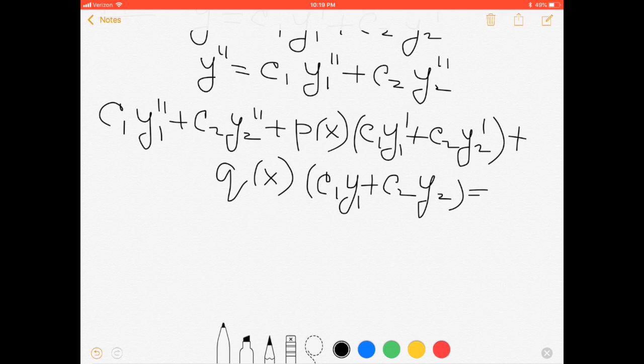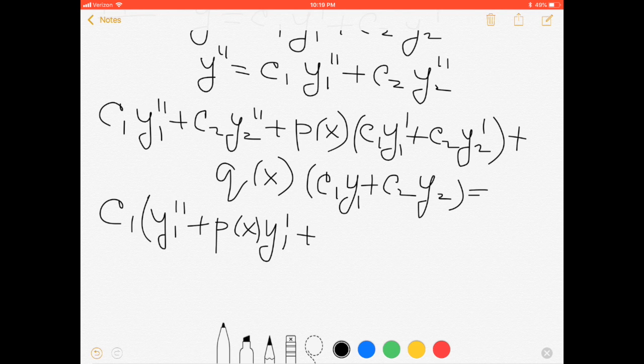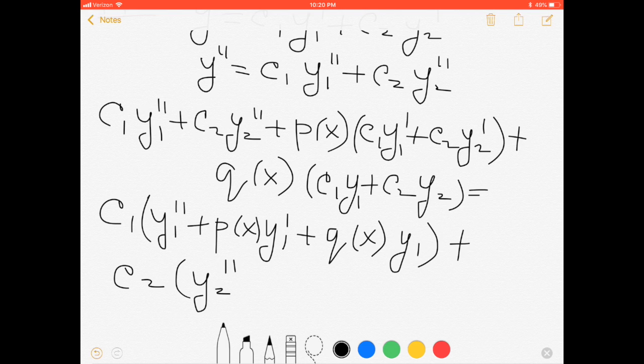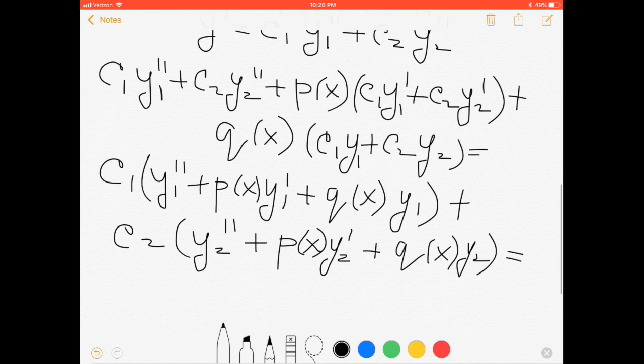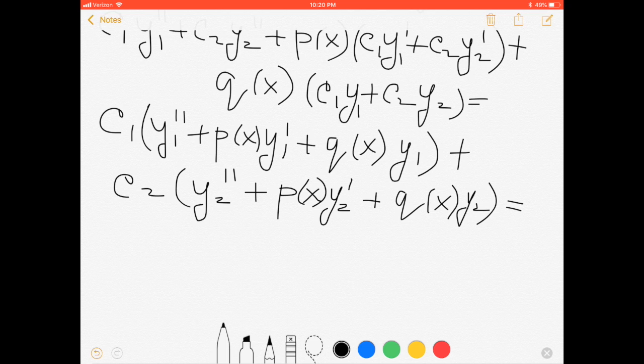if we separate it this way, we have c1 times y1 second derivative plus p(x) y1 first plus q(x) y1, plus c2 times y2 second plus p(x) y2 first plus q(x) y2, and this is equal to, because y1 is a solution of our equation and y2 is a solution of our equation, c1 multiplied by 0 plus c2 multiplied by 0.